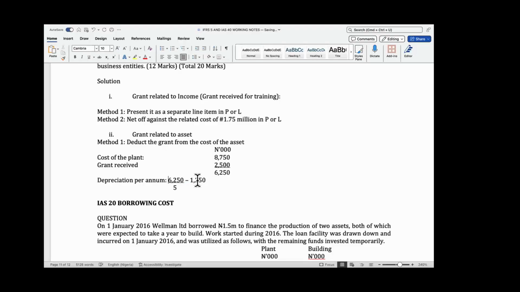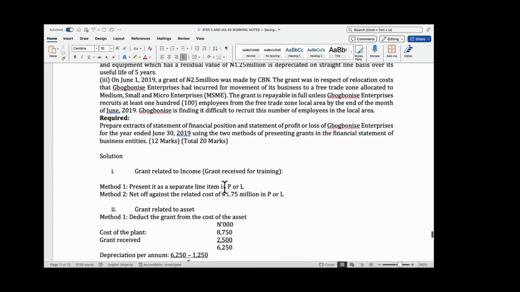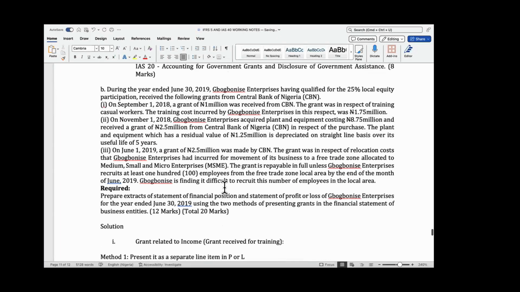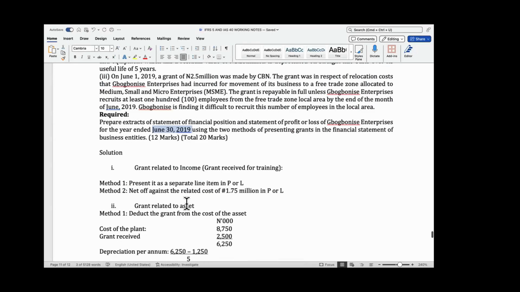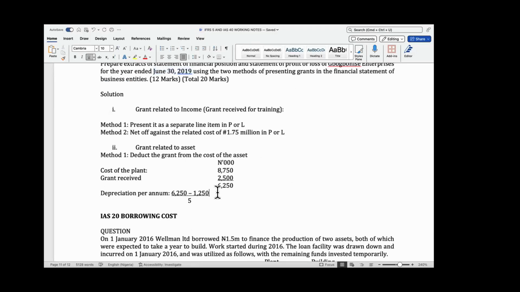So I need to expand this. Also, which most students will omit, the asset was actually acquired in November and the year end is June. That means you have to prorate it. You cannot do full year depreciation.